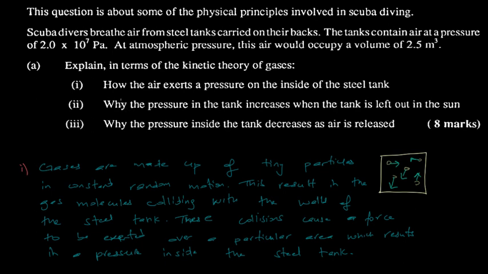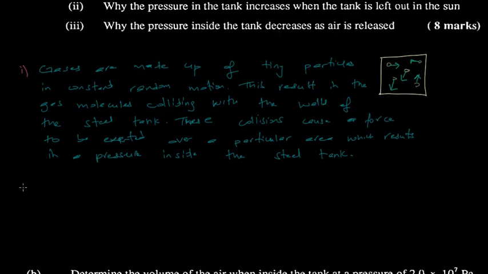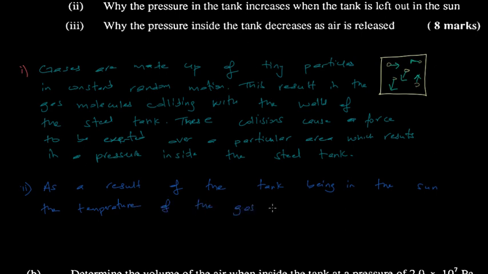Next thing now, we also want to explain why the pressure in the tank increases when the tank is left out in the sun. So for this one, we can say that as a result of the tank being in the sun, the temperature of the gas inside the tank will increase.